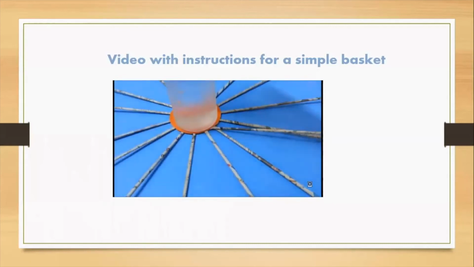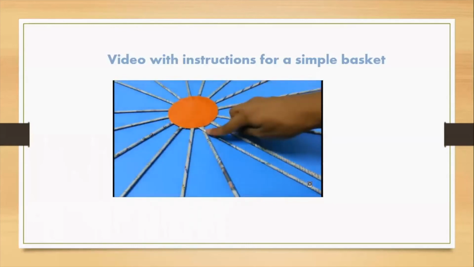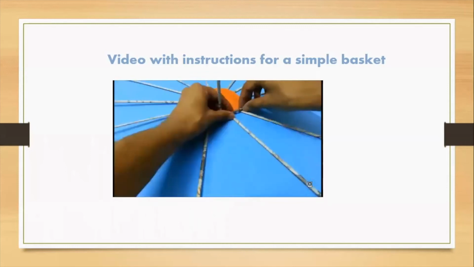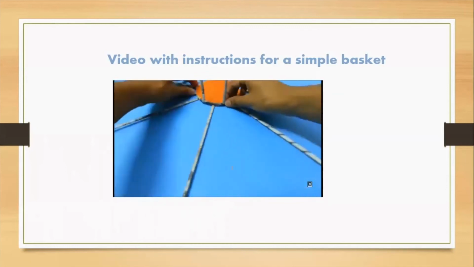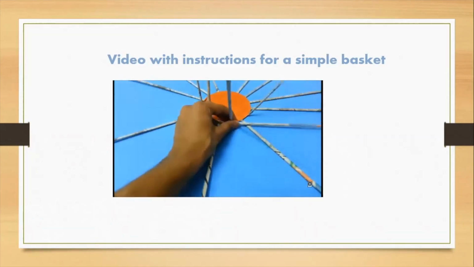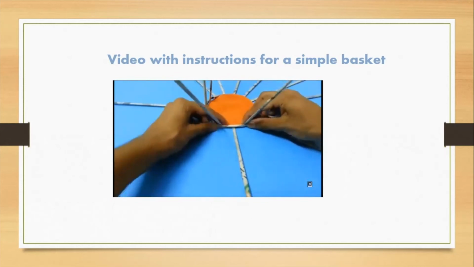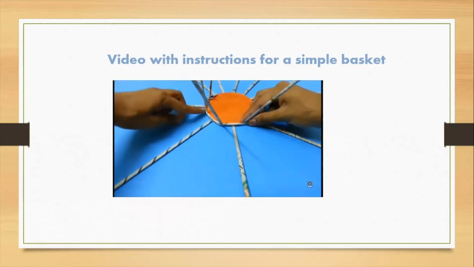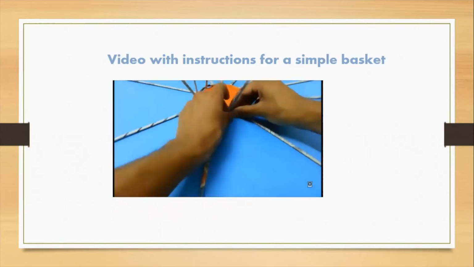Place something heavy until it dries. Weave using this extra tube, going over and under the tubes all the way around. Over, under, and so on.